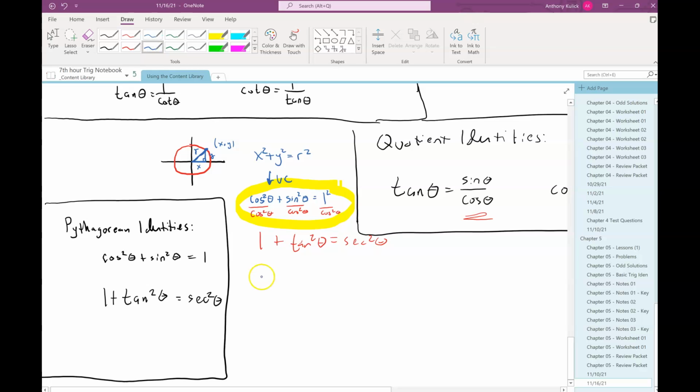Or, let's say again, we're starting with cosine squared plus sine squared equals 1. And this time maybe we'll divide both sides by sine squared instead.